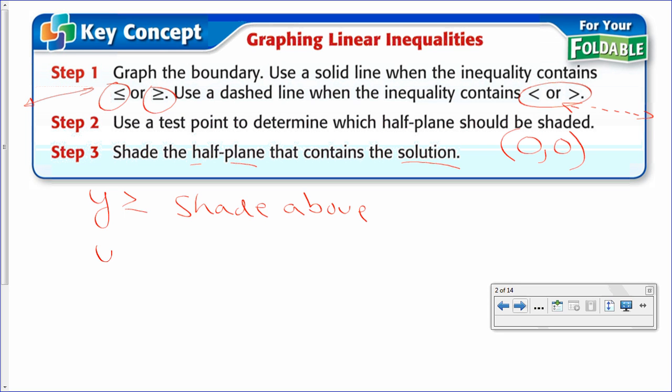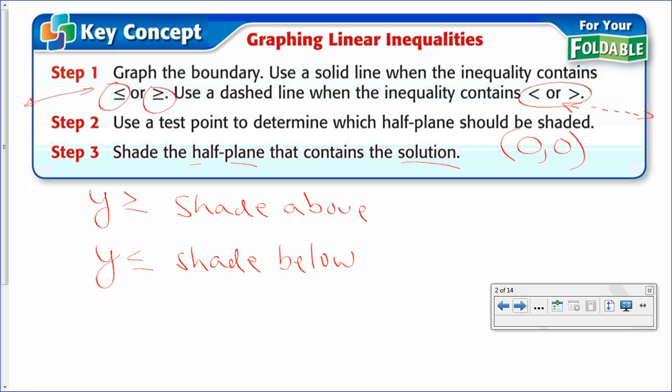If it points to the y, we shade below. We shade below, that includes all the y values that are less than whatever's on the right side. Everybody with me? Real simple.